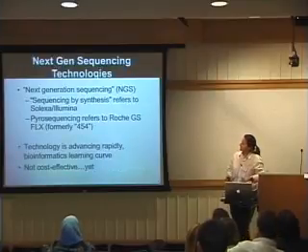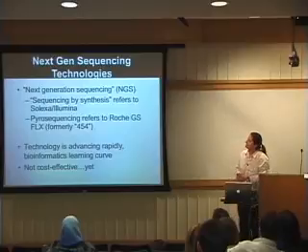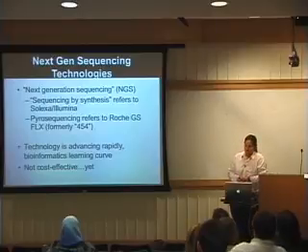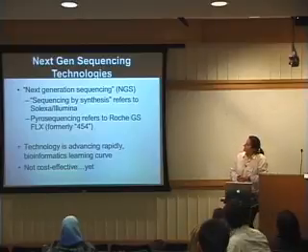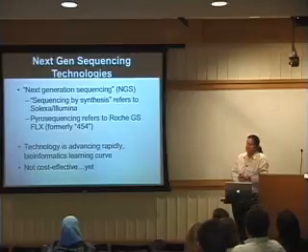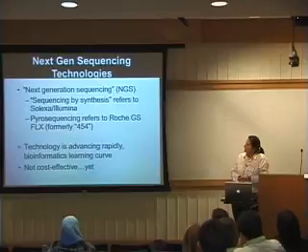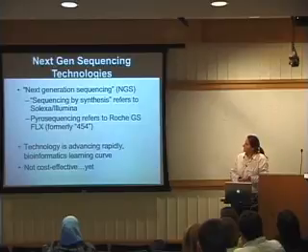And there's all sorts of terminology associated with next-generation sequencing. You'll see the sequencing by synthesis method, which refers to Solexa and Illumina technologies. You'll also hear the word pyrosequencing, which is the new word for 454 sequencing.